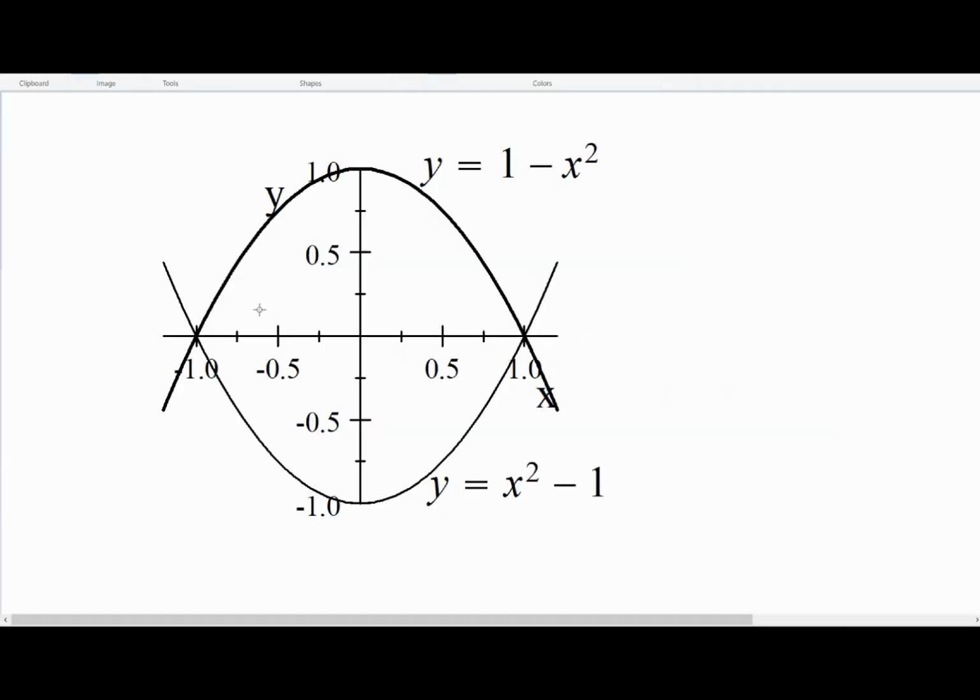Now one way that we can integrate over this region is to let x vary from -1 to +1, and then y will take values from x squared minus 1 to 1 minus x squared. So let's go ahead and set up our integral.